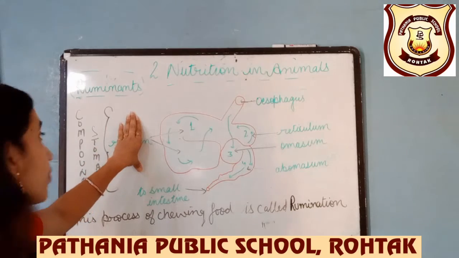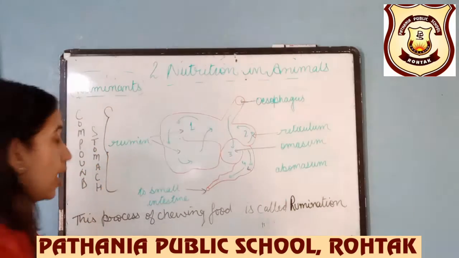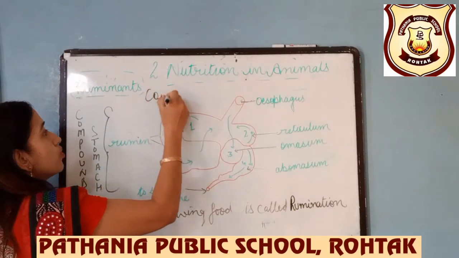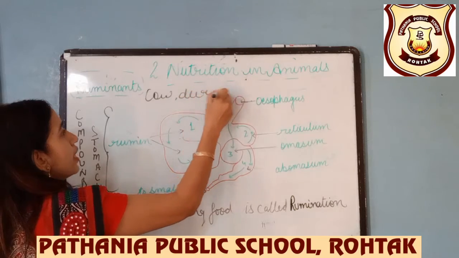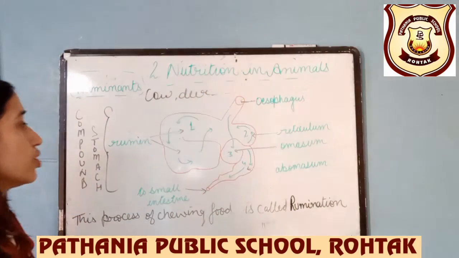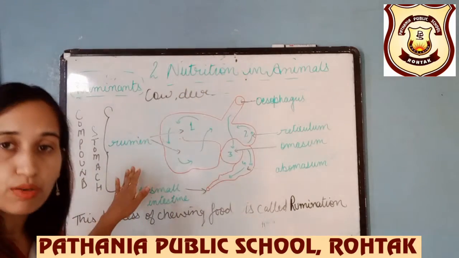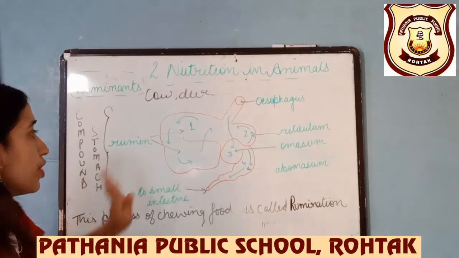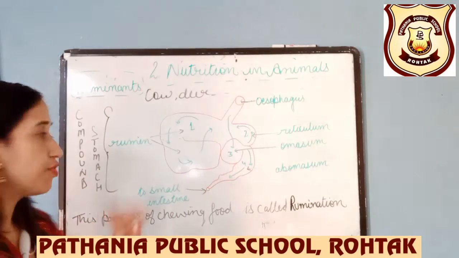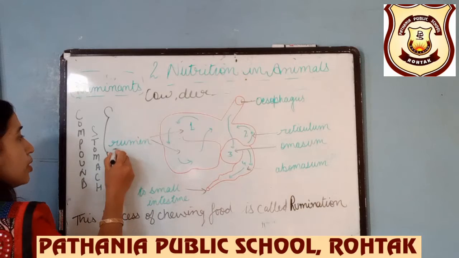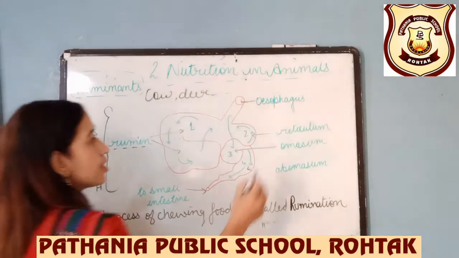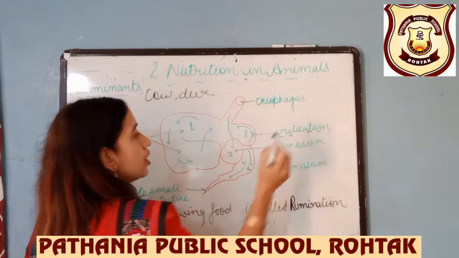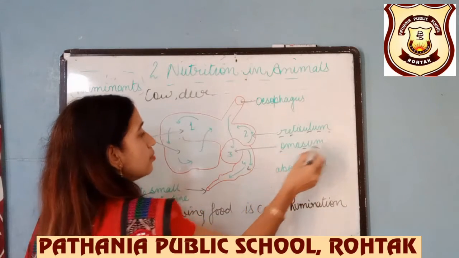I can write cow, deer, etc. This kind of stomach is known as a compound stomach in ruminants. It is divided into 4 parts. First part, rumen. Second is reticulum. Third is omasum. Fourth is abomasum.